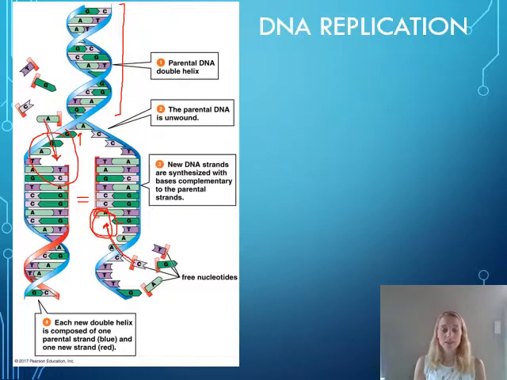So basically we have enzymes that unzip the DNA, and enzymes that come along and read the template strand, adding the new complementary strand, and by the time you're done, you will have two identical copies of DNA, and all of that happens before the cell goes to finish its process of cell division. So this is called DNA replication. And again, it's not shown in the picture, but do realize that there are enzymes that are catalyzing all of these reactions.